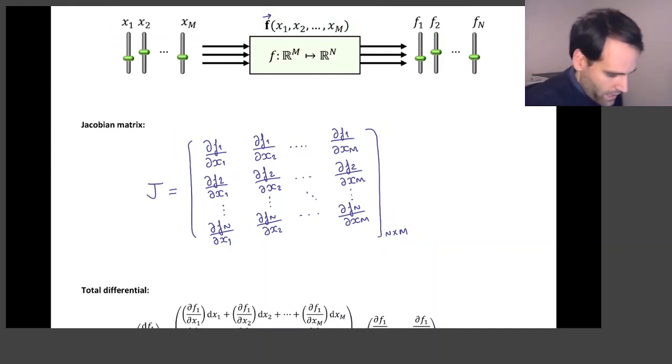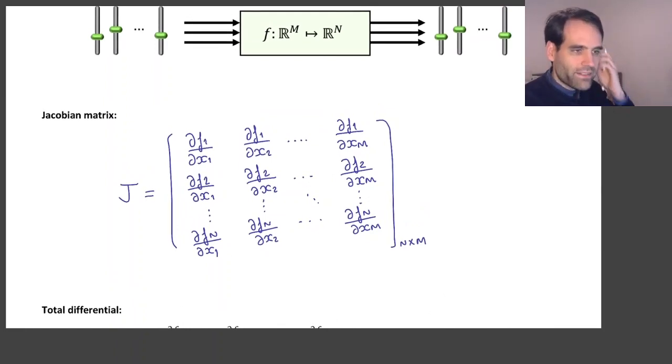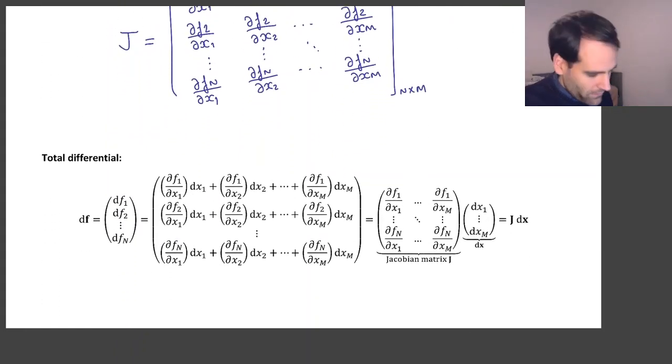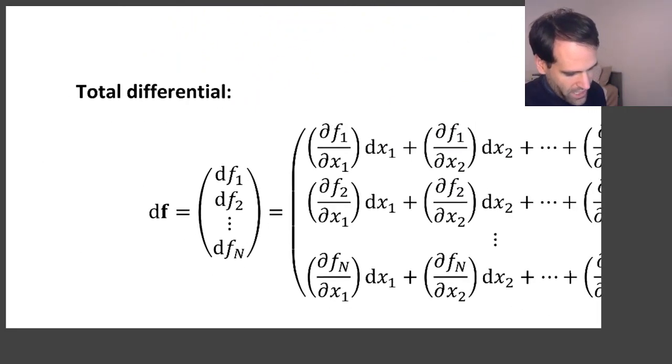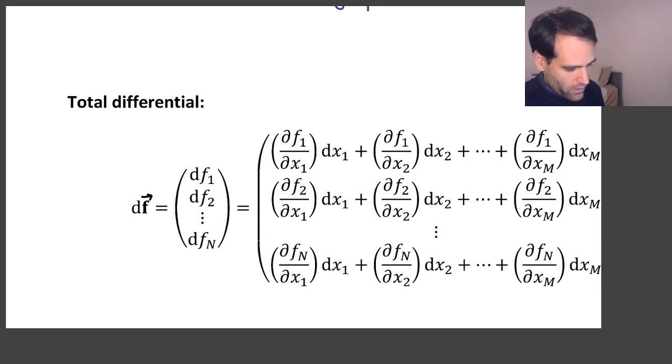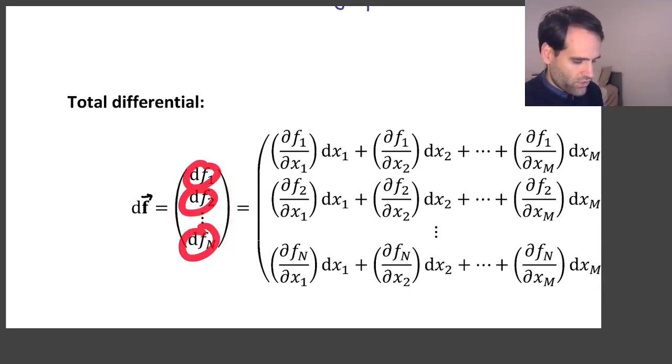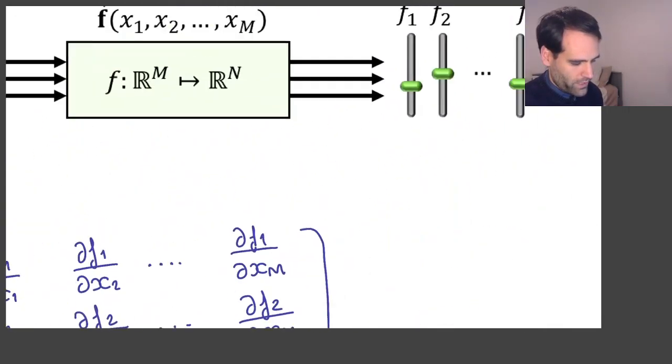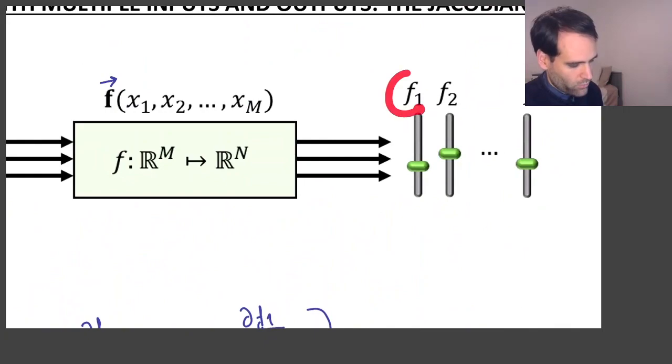Okay? And the nice thing about defining this matrix is that now the total differential is very easy to calculate. So the total differential, df, and now f is a vector, is equal to a column vector containing the total differential of each of the output components of vector f. Okay, remember vector f has n output components.